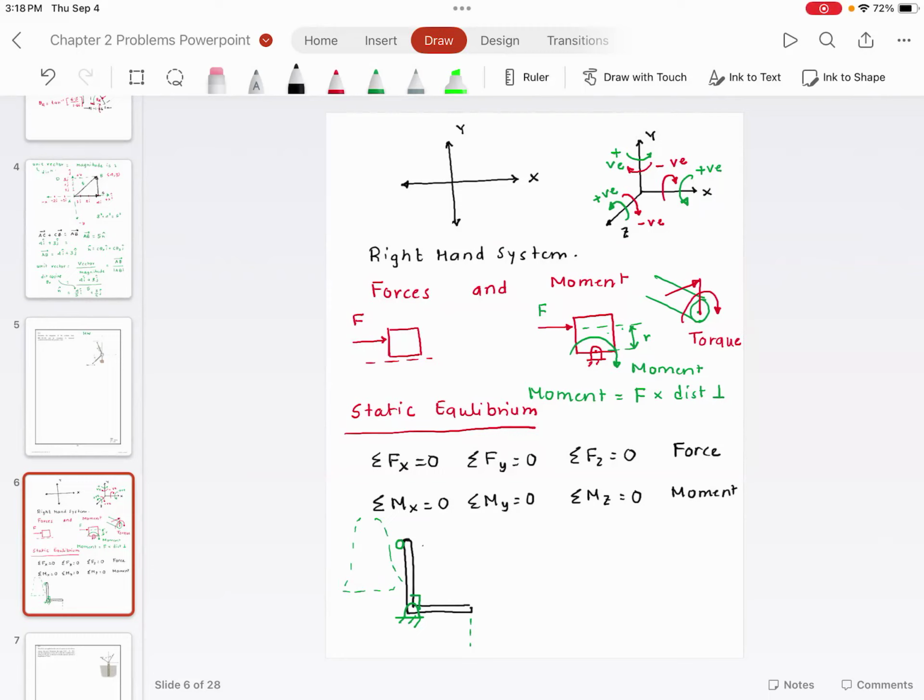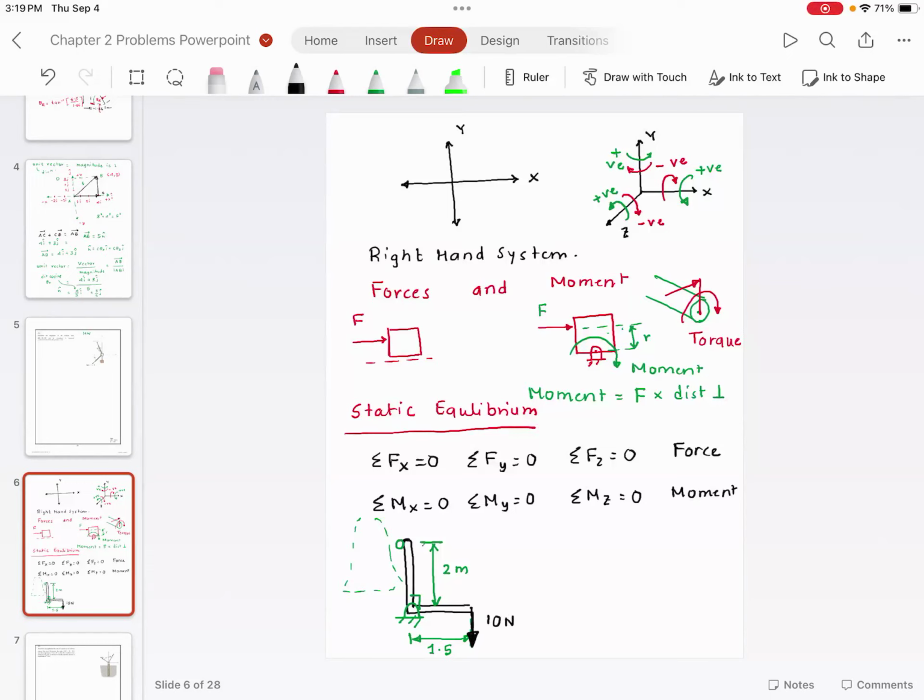Now, I want to ask you this question. I'm going to give you some distances. This distance is 2 meters. This distance is 1.5 meters. And the weight or the force acting here is 10 newtons.